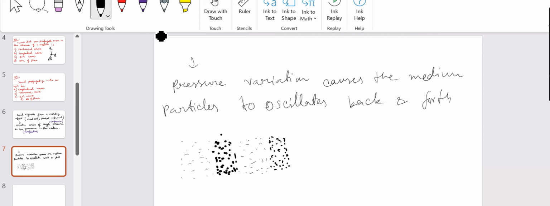We can take a similar picture like this. So one particle gets displaced and it collides with another particle, and the oscillation gets passed to the other particle, and that's how the disturbance gets transferred and moves forward. So sound propagating in the air will be a longitudinal wave, because the particle movement is in the direction of the wave.